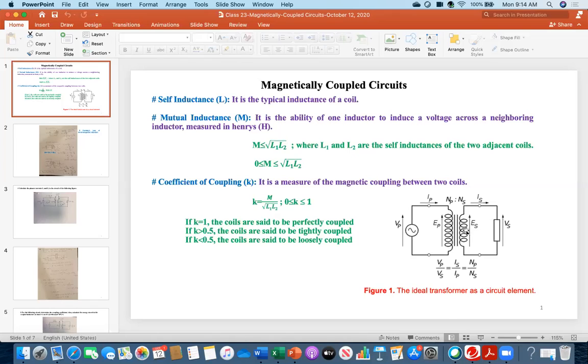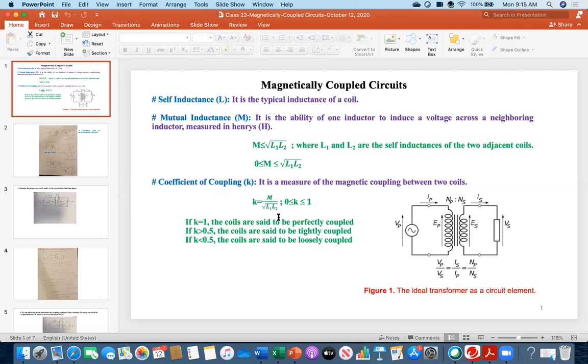I will discuss it in detail later. Figure one is an example of a magnetically coupled circuit, meaning that the coils are not electrically connected. They are coupled through magnetism.